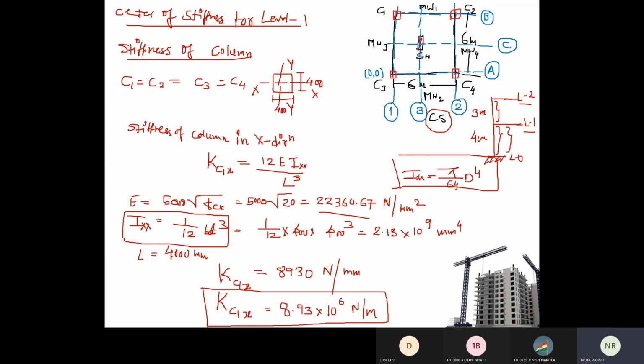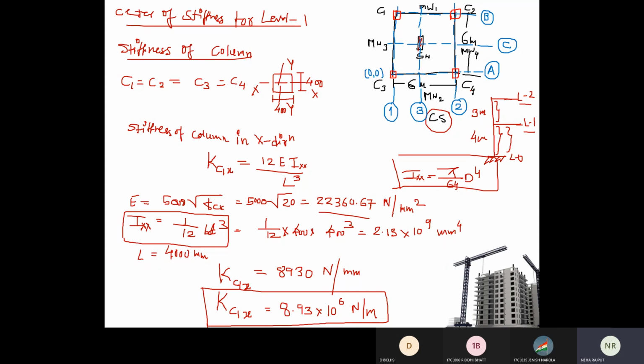Column 3 and column 4 are available in grid A. So the stiffness of column C3 and C4 in grid A, and you have two stiffnesses along X direction and along Y direction also. So for A grid calculation, you need to take the summation of C3 and C4 stiffness.